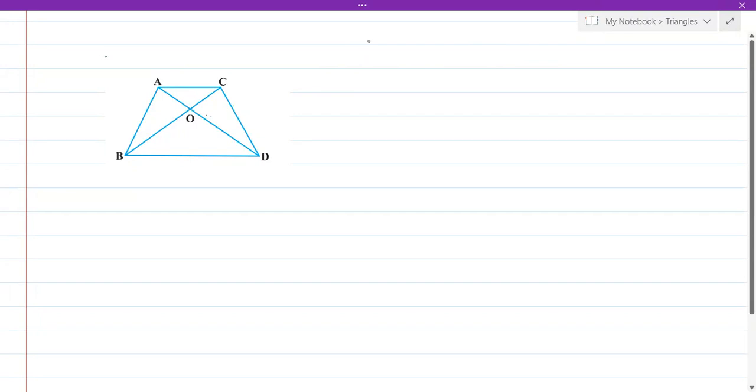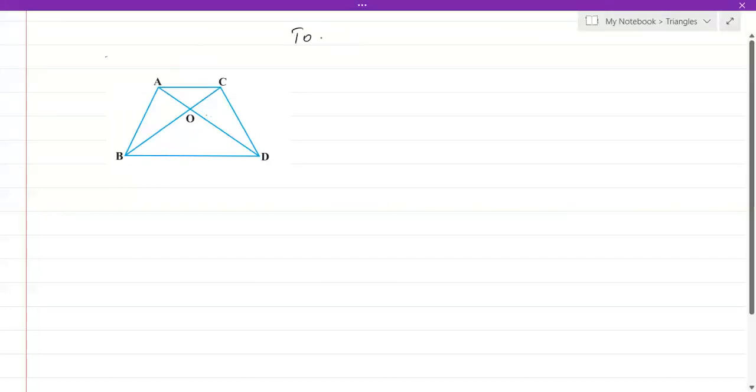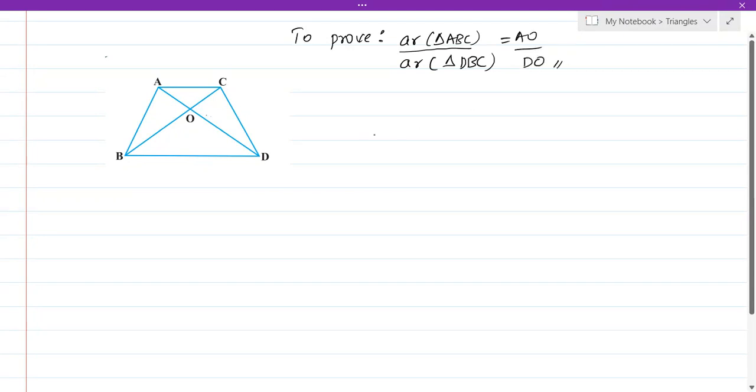So what we have to prove is area of triangle ABC divided by area of triangle DBC is equal to AO by DO. This is what we have to prove.